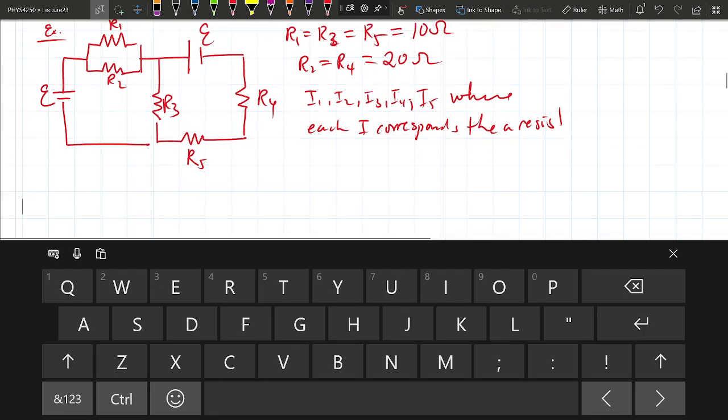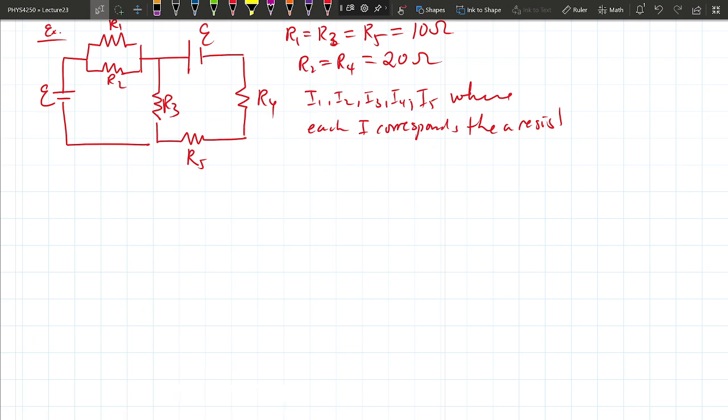Let's have the people who were not in General Physics 2 last semester tell me, what should I do first? What should be my first step? Perfect. Great. I think that's a perfectly valid way to start. But what's going to happen is we're going to end up defining a lot of currents.